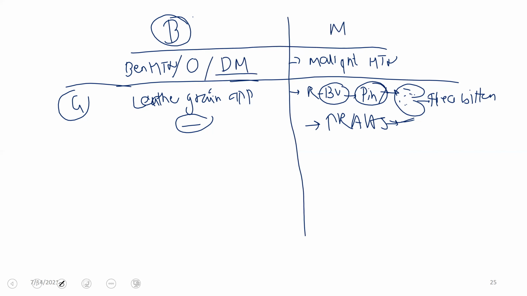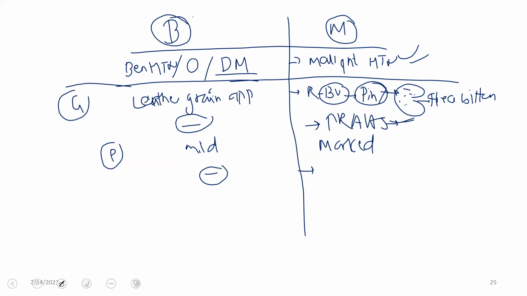The next thing is that proteinuria can be appreciated in both conditions, but the proteinuria is mild in benign disease, whereas in malignant there is marked proteinuria. The next thing is that the sign of malignant hypertension is absent in benign nephrosclerosis, whereas in malignant, as I have said, it is due to malignant hypertension.